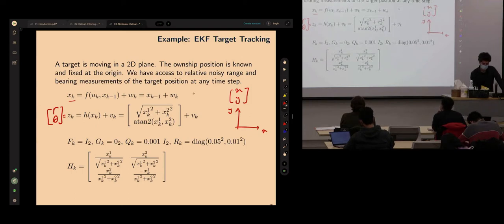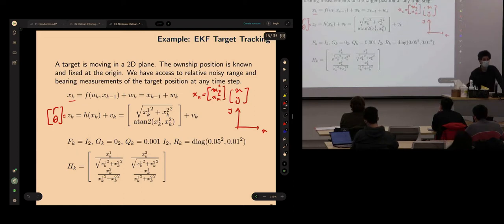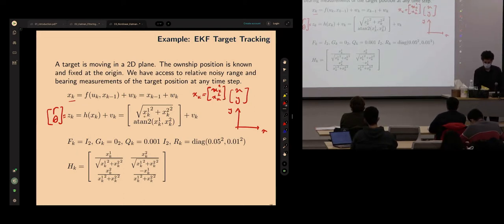This unfriendly notation I'm using, I could use it like this, but it means basically xk1, xk2, okay? So take the Euclidean distance of your state.